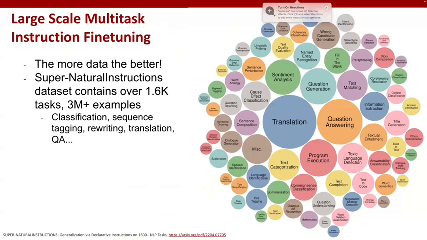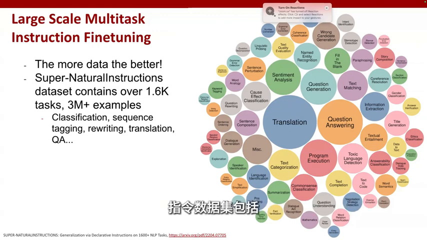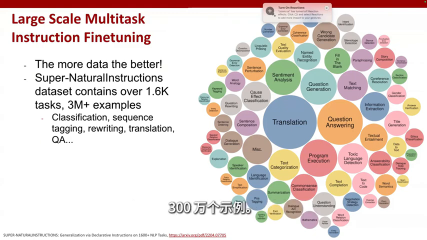Instruction fine-tuning has become very popular now that we have a lot of data to fine-tune on. The Super-NaturalInstructions dataset includes over 1,600 tasks with 3 million examples.